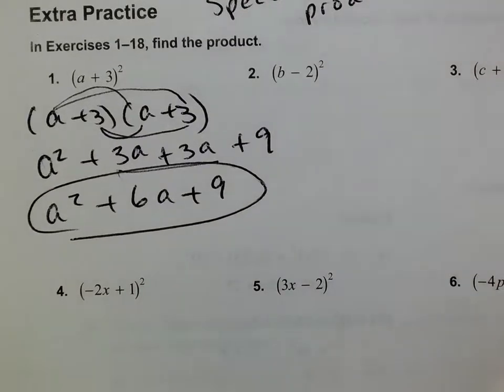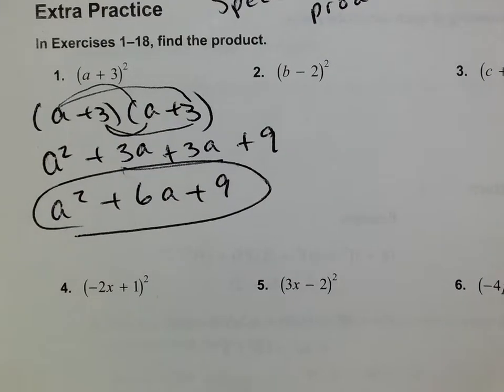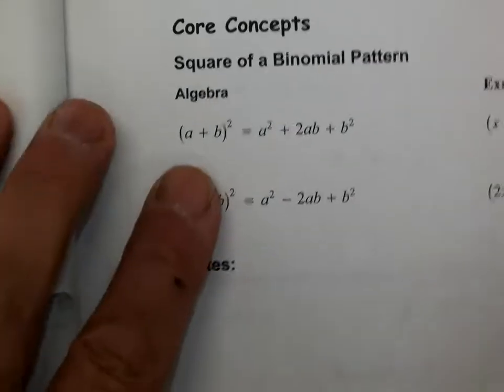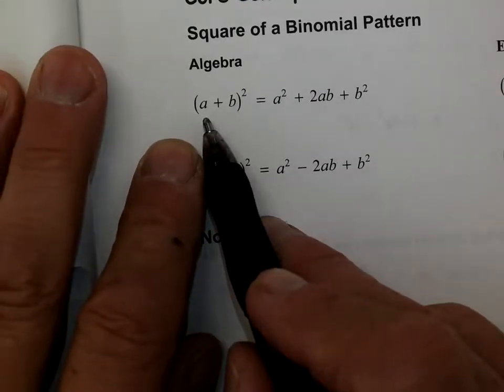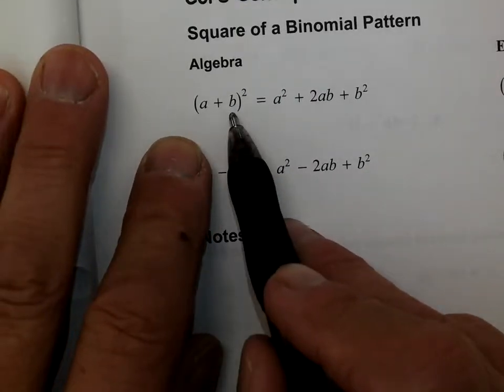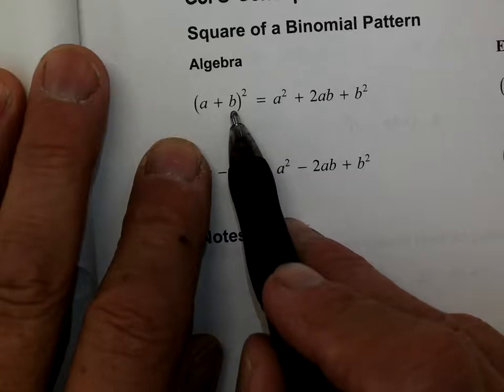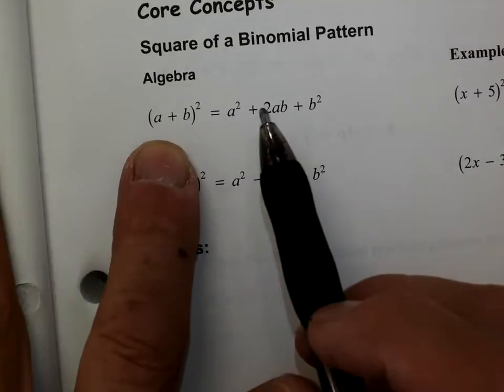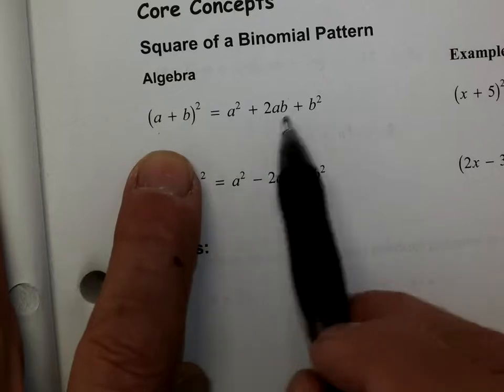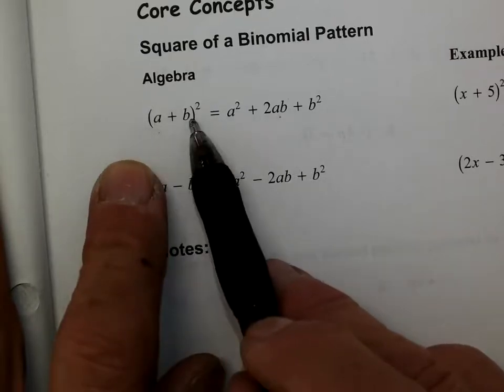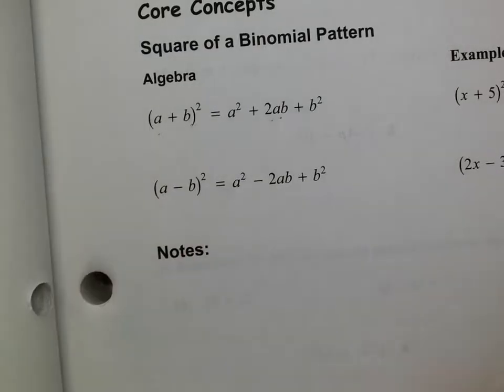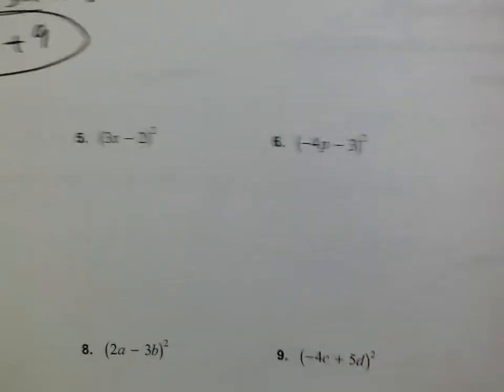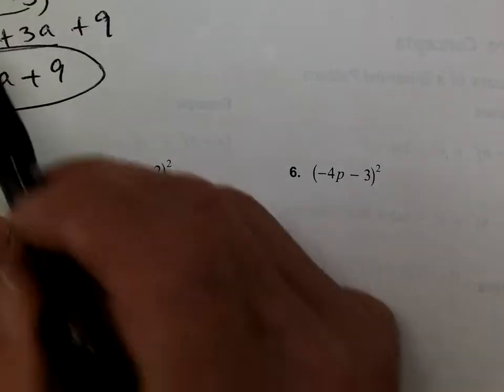Now the book tries to show you a fancy way to do it. They'll say it's just the first term squared, a times b but doubled, and b squared. You can do this in your head if you want. You know a squared and b squared, and the middle term is that times that, but 2 of them.